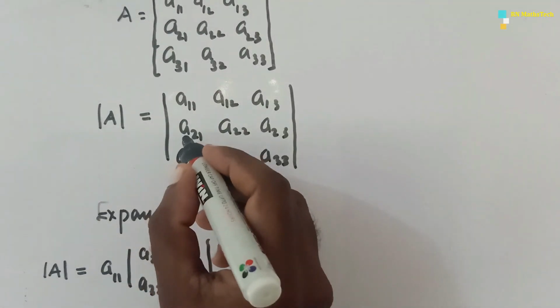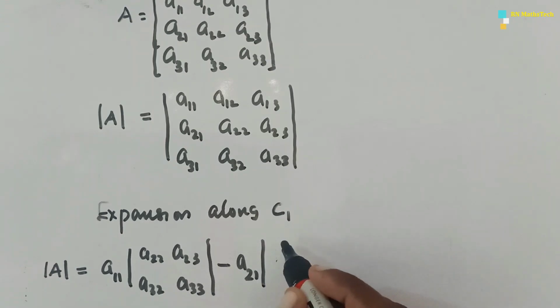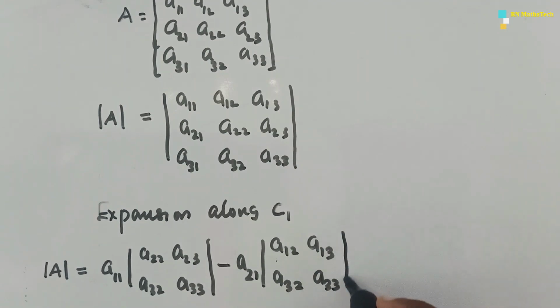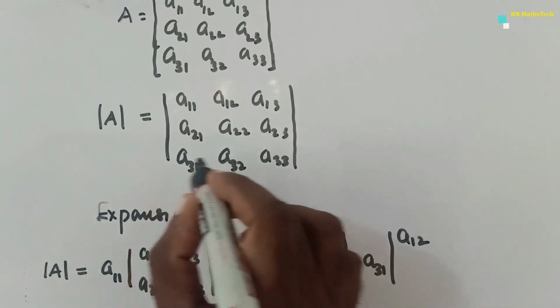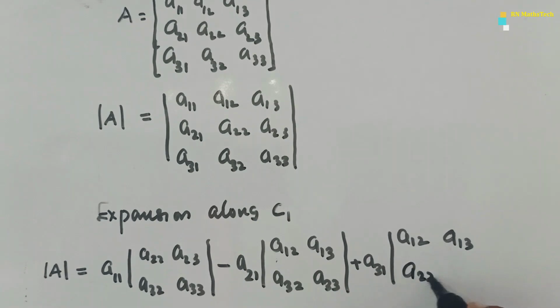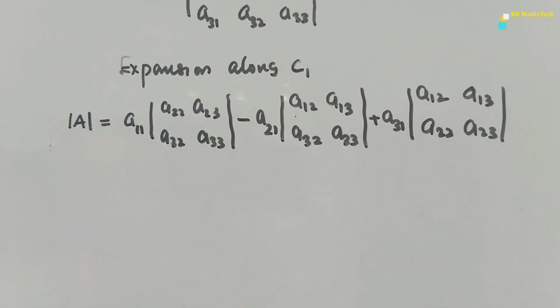Now for the second element A21, there is a negative sign, A21 into determinant A12, A13, A32, A33, plus A31 into determinant, deleting the third row and first column, A12, A13, A22, A23. So that is the value of the determinant if we expand along the first column.